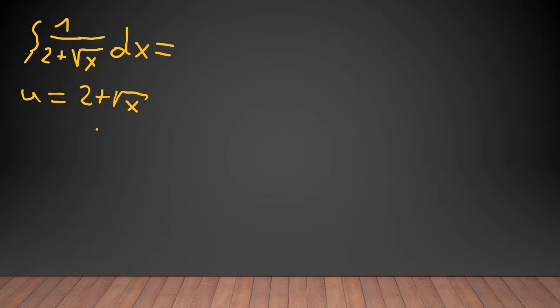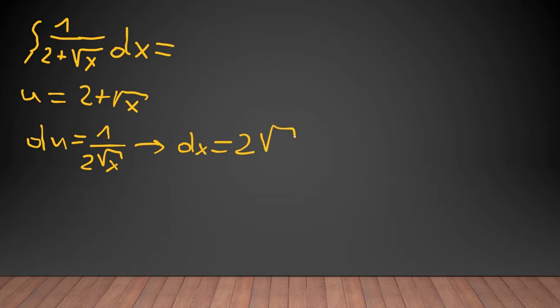Then we know that du equals 1 over 2 square root of x. And from this, dx equals 2 square root of x du.